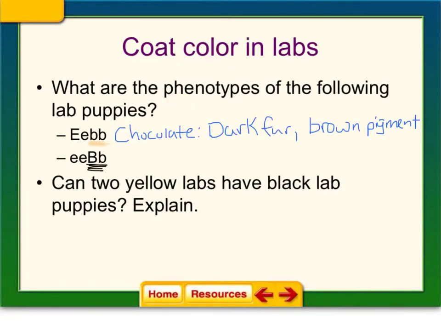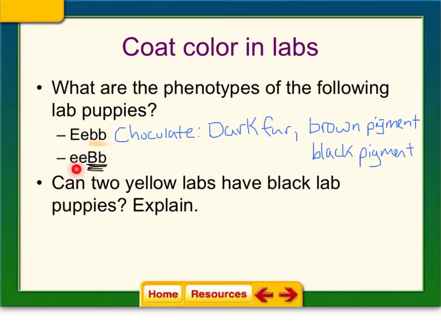Okay, so if we take the first individual, it has little b, which gives me brown pigment. And then I have to look at my epistatic gene, and I have a capital letter, so that means I have dark fur. So it's going to have dark all over, which gives me a chocolate lab. For the second individual, we can see that for its fur pigment color, it has a big B. That means it's going to have black pigment.